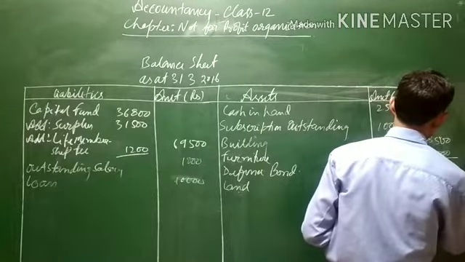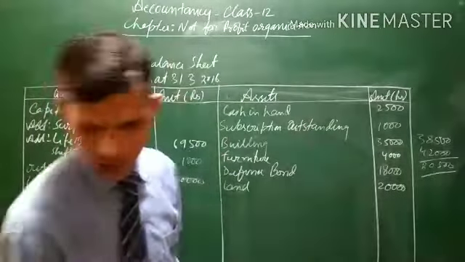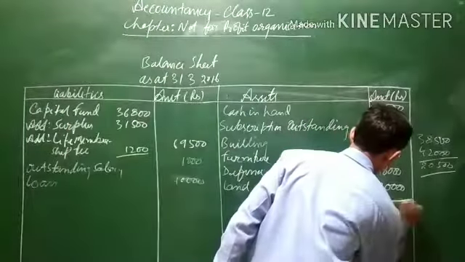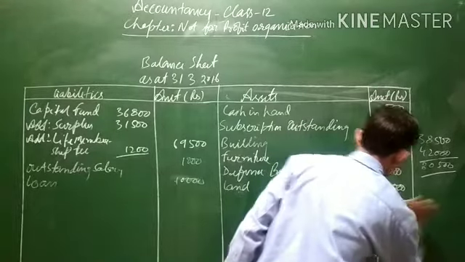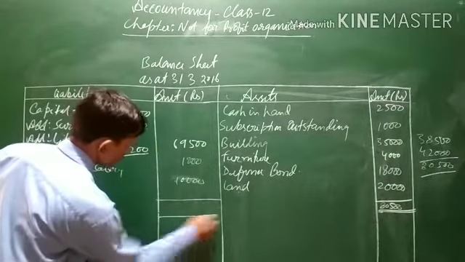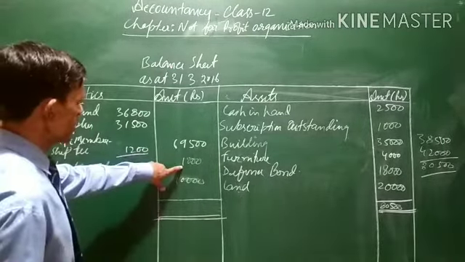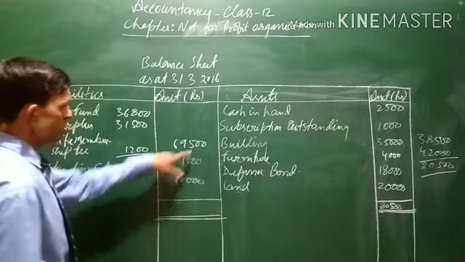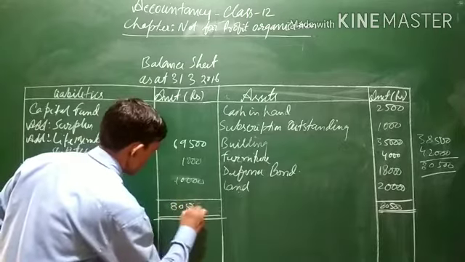This will come to 80,500. Let us see the total. Yes, the total is 80,500. Let us do the total of this side also: 69 plus 1, 70, plus 10,000, 80,500. Here also the total is 80,500.